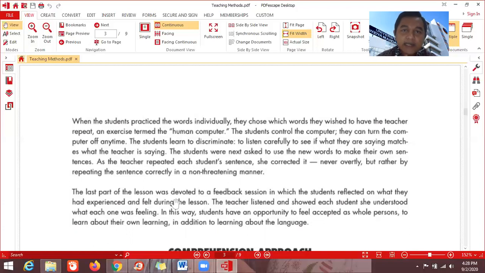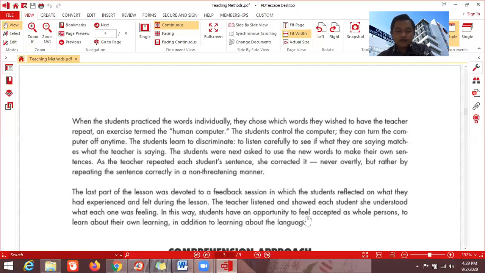It's a means to reflect, to contemplate, to see how you perform, how you progress along the way. So they do the reflection and the teacher listened and showed each student she understood what each one was feeling. So feeling, so important here. So very sensitive part in this method.